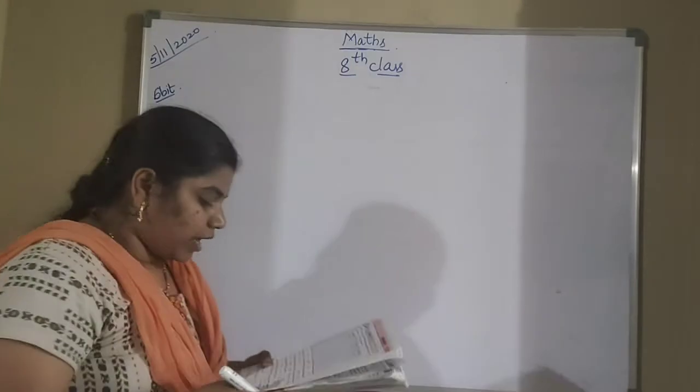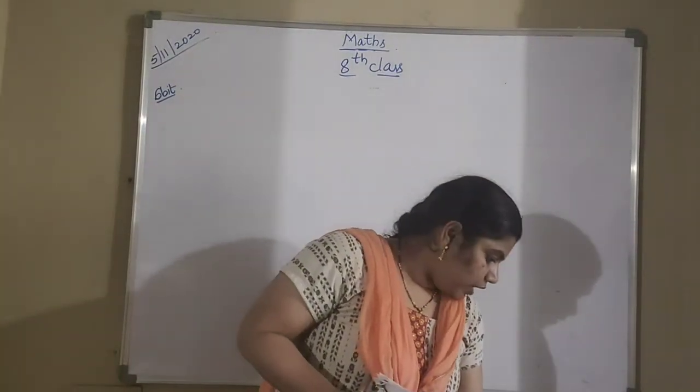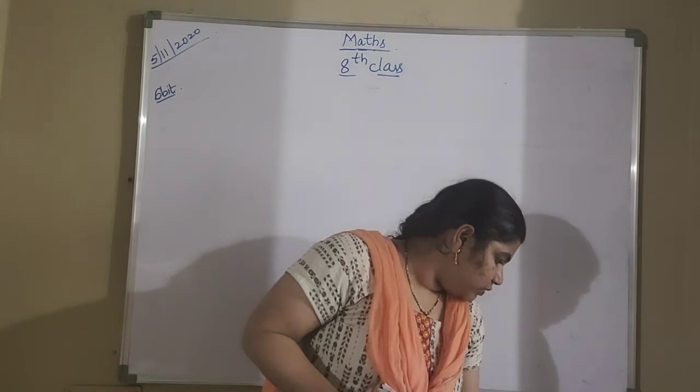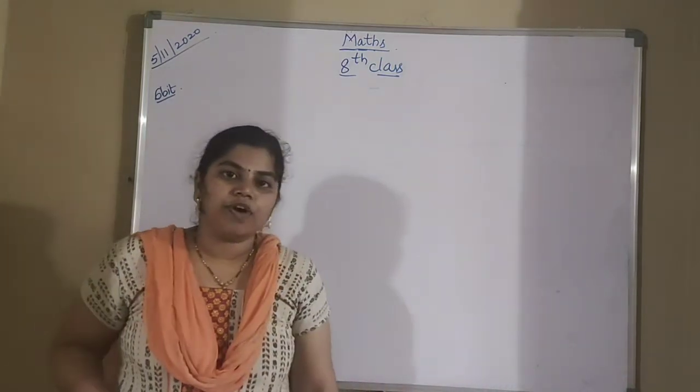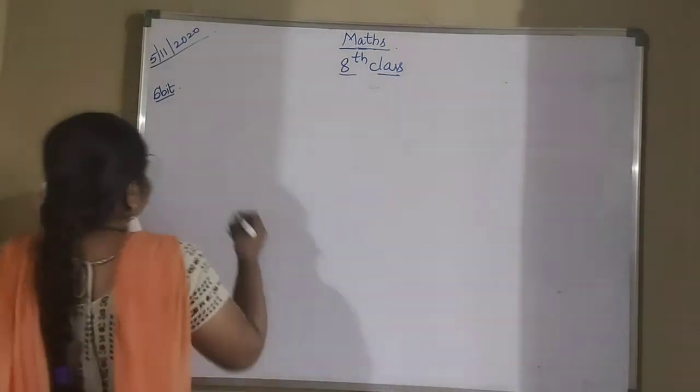Sixth bit, write any 5 numbers which are divisible by 2, 5 and 10. So we have to write the numbers which are divisible by 2, 5 and 10. So which numbers are divisible by 2, 5 and 10 here?